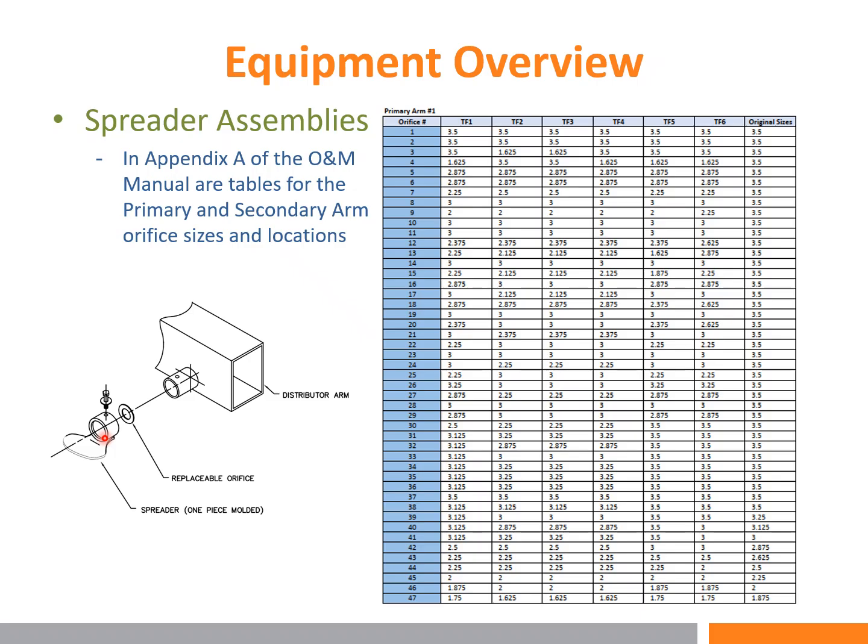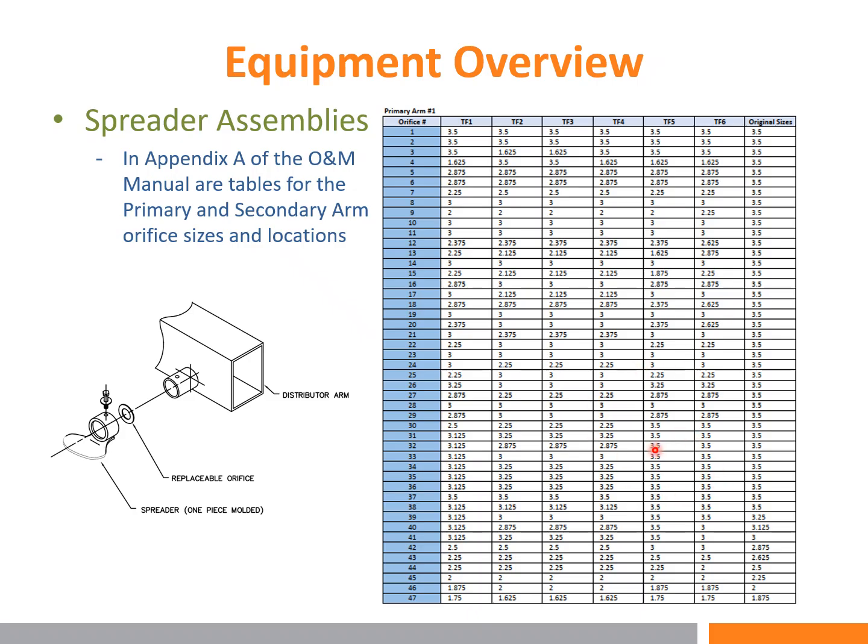orifice size. However, you will notice that over to the very far right, this is what WesTech originally came up with for the orifice sizes. However, during startup, it was determined that we needed to adjust those to get better flow distribution over the media. So that's why you'll see different numbers in these columns.